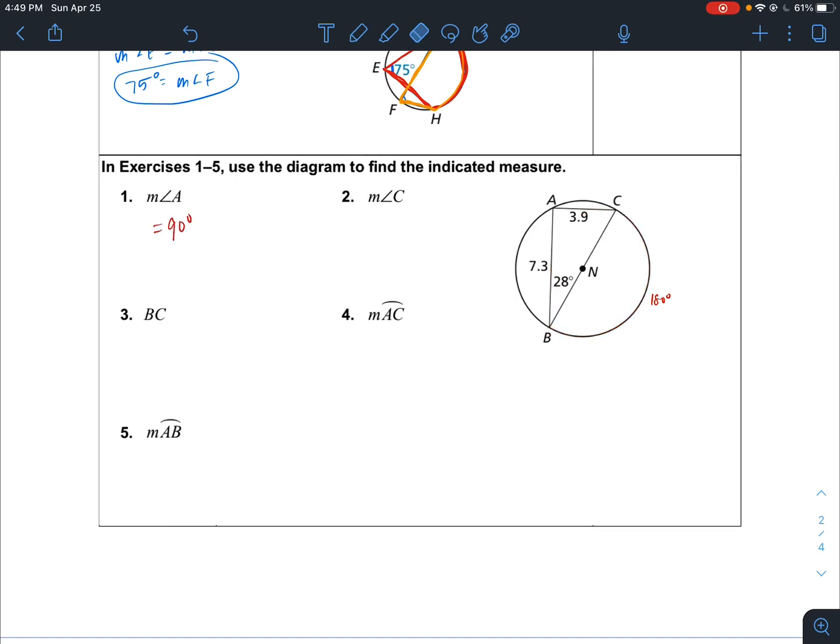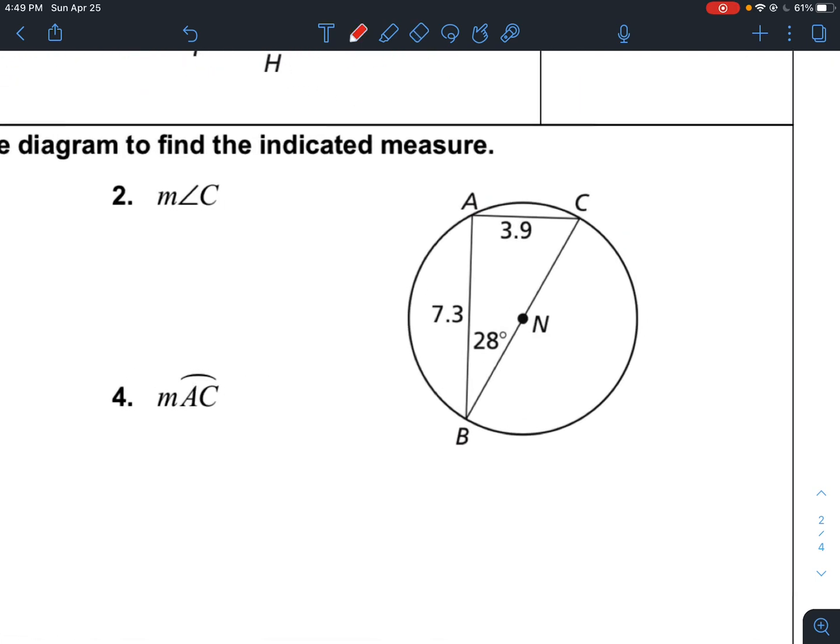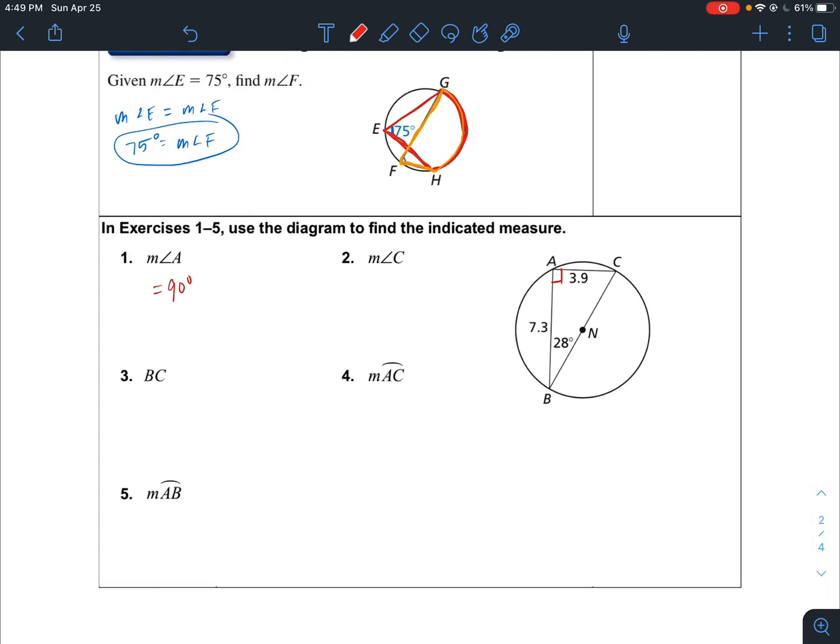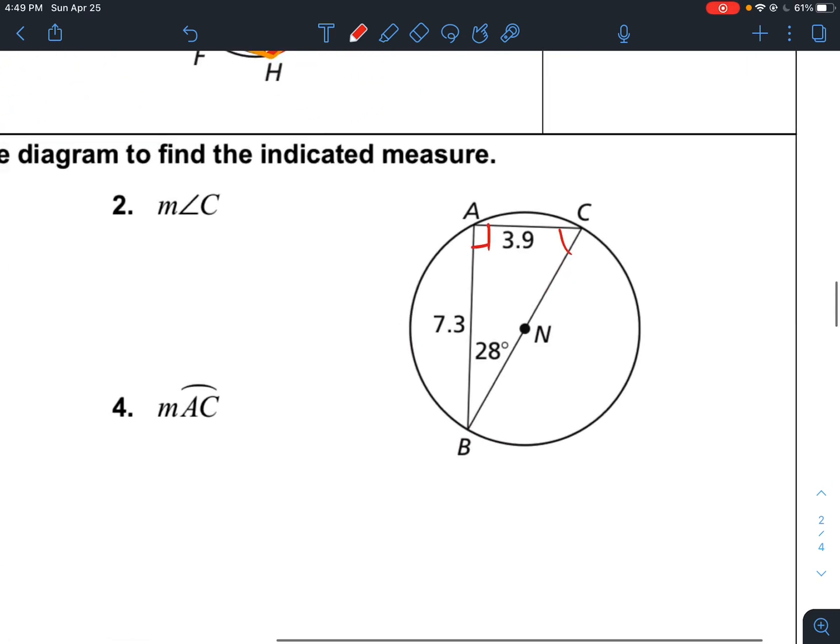Now if it's 90 degrees, then that makes this triangle a right triangle. Okay, that will help us with the rest. So the measure of angle C right here. Well, I already know this angle right here is 28, right? So I know that this angle and this angle are complementary.